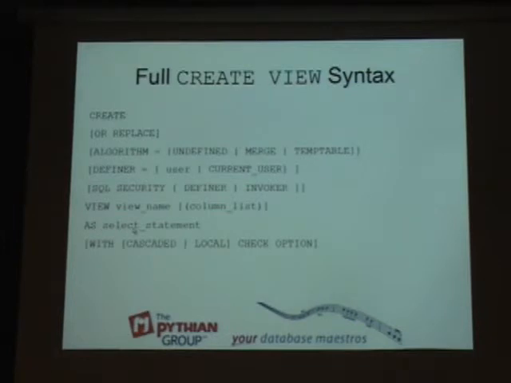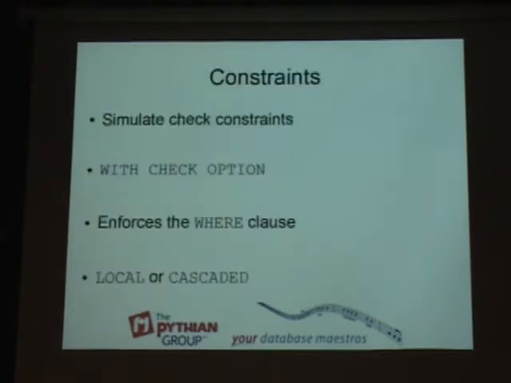I didn't actually show that, so my bad, but I don't think it's quite that important. Then as select statement, and at the end you can put with cascaded check option, with local check option. Default is cascaded. That's kind of important. So yeah, views referencing other views by default will check all turtles all the way down.